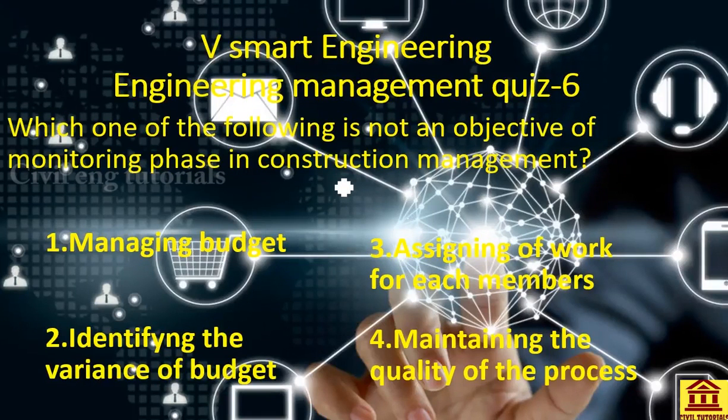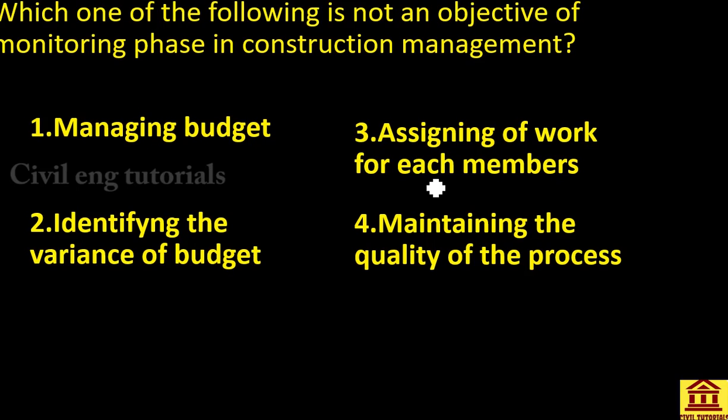Here's our sixth problem: which one of the following is not an objective of the monitoring phase in construction management? Let's go for it. Here four options are mentioned. First, managing budget. Managing budget is a main focus of the monitoring phase.